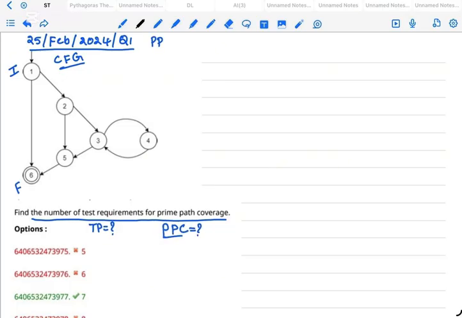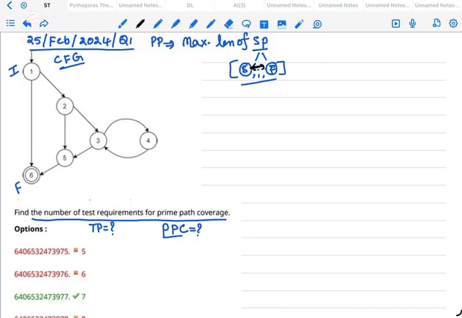The prime paths are the maximal length simple paths. Simple paths have no repeated nodes except the starting node and the final node. A simple path contains a list of nodes, starting node and final node, and no nodes are repeated in between.